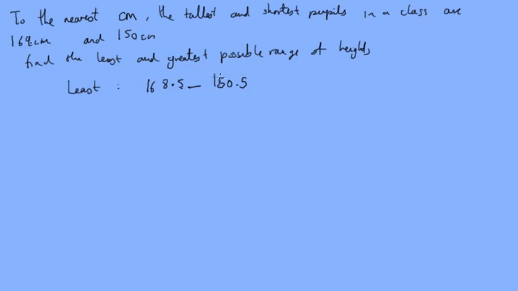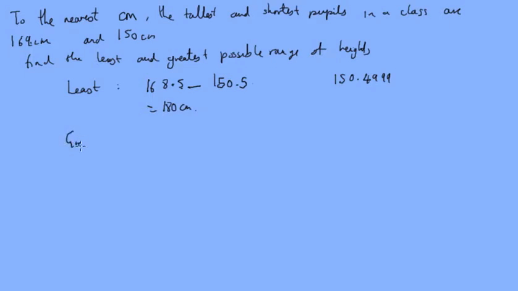But if, say, you had somebody who was 150.4999 centimetres, that would be rounded to 150.5. So that's why we have this as our least, the lowest number for our smallest range. So that would then give us 18 centimetres.